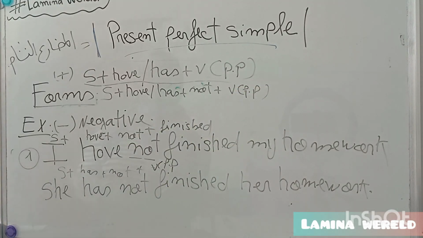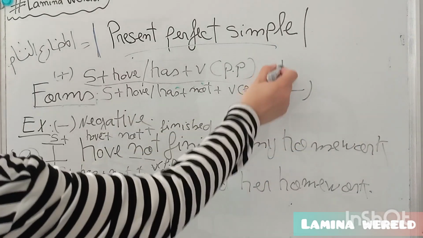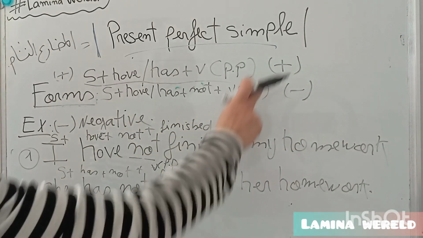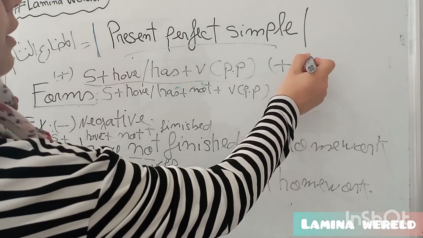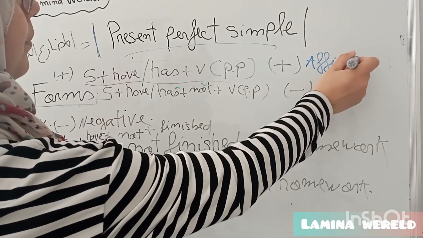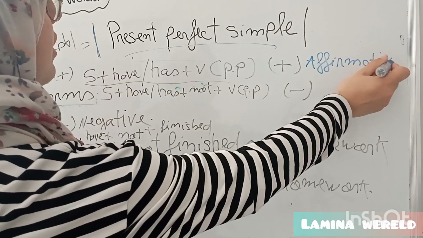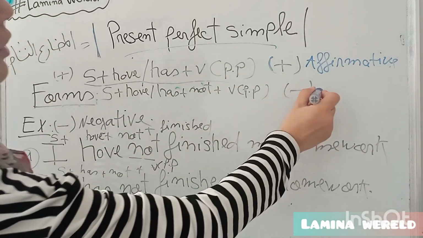So this is the negative form, and this is the positive form or the affirmative form. So this is affirmative, which is positive. This is why I write this. So this is positive or negative form.